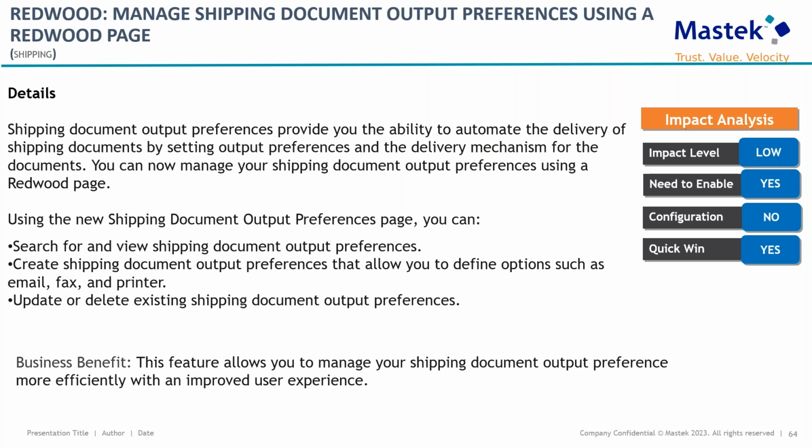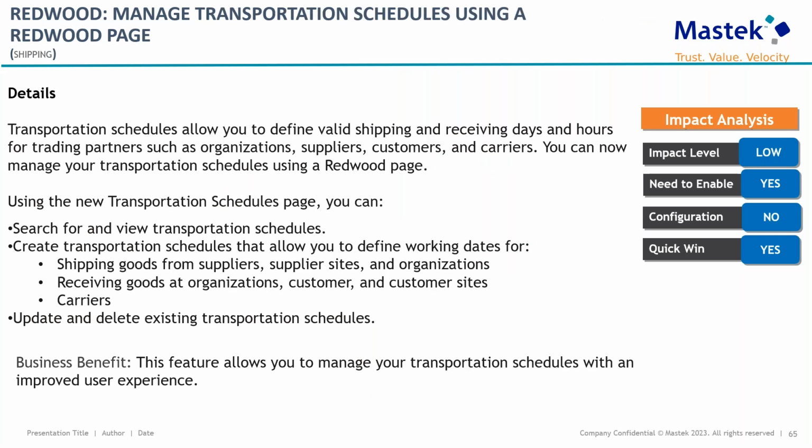Let me move on to the next new feature within shipping. The next new feature we have is manage transportation schedules using a Redwood page. Coordinating shipping and receiving times just got a lot more manageable.